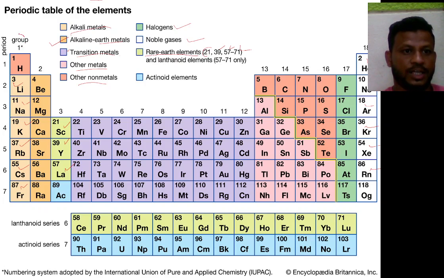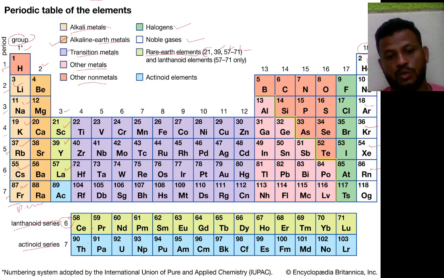You can see here, these are the 18 groups. You can see the numbers 1, 2, 3 up to 18 at the end. These are the 18 columns, and 1, 2, 3, 4, 5, 6, 7 rows, and these are the separate lanthanide series and the actinide series.